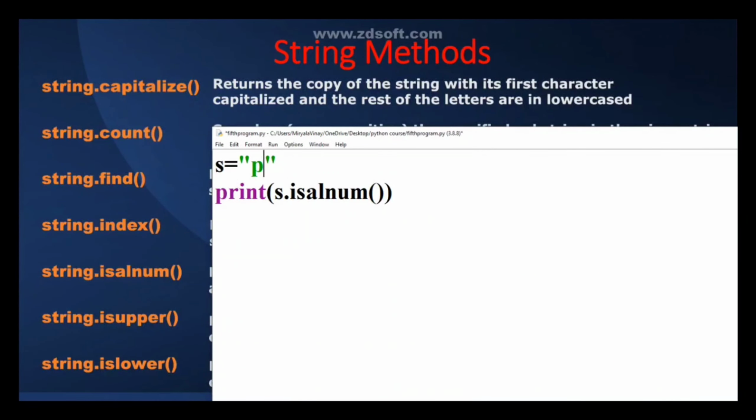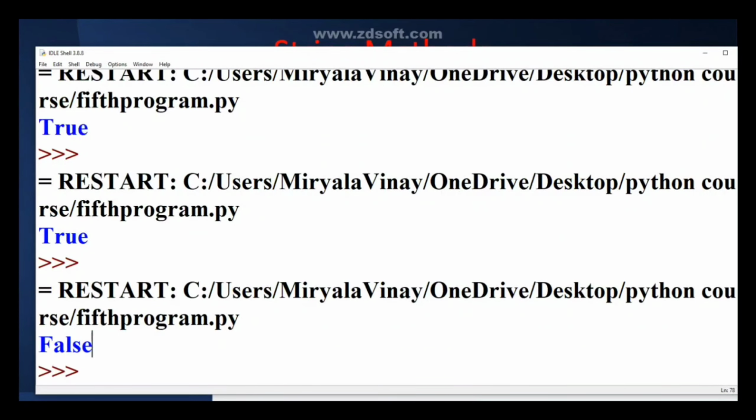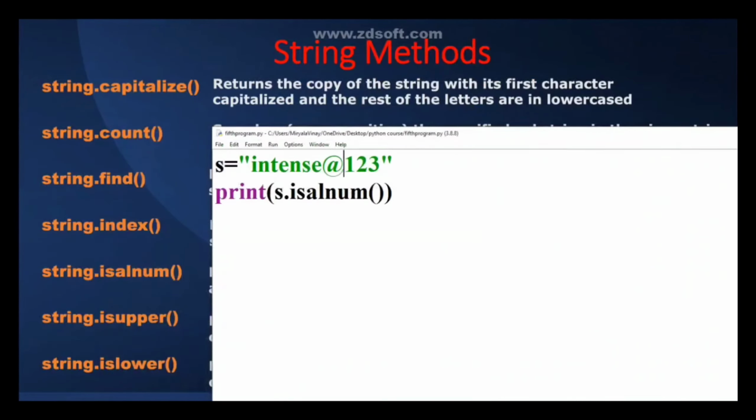If I change 1 2 3 to "intense@123", as you can see, intense are letters and 1 2 3 are numbers, and I am using a special character, that is @. Whenever you run this program, you can see the output as false. So this is not called alphanumeric.